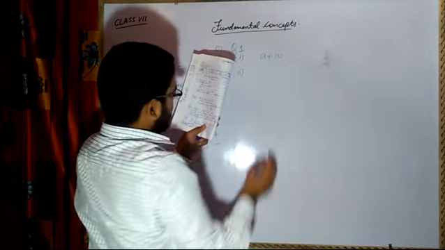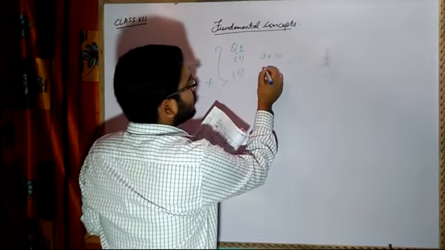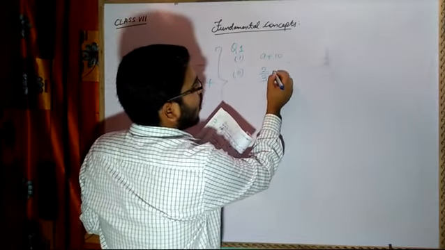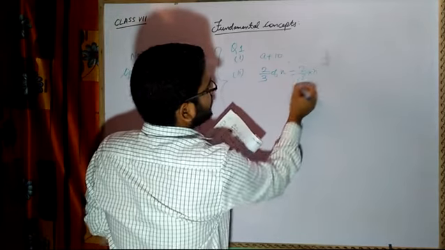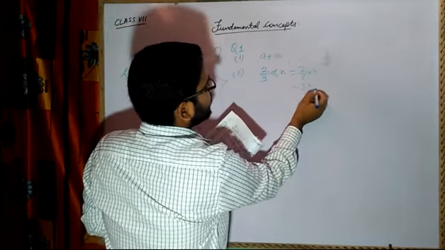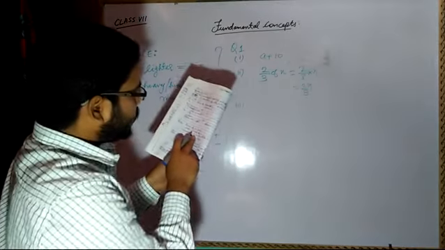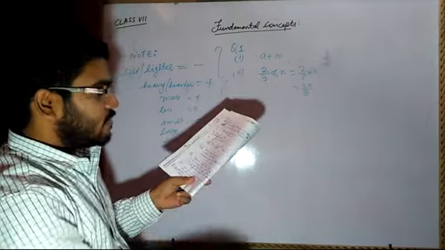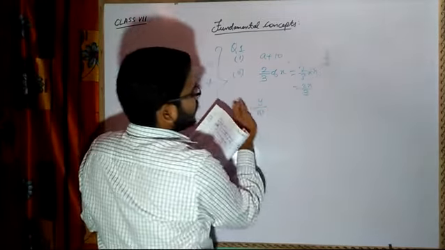Second one they are saying 2/3 of x. 2/3 means 2 by 3 of x. This means 2 by 3 into x, or 2x by 3. Now the third term we have is quotient of y divided by 10. When you have y divided by 10, then the quotient will come.